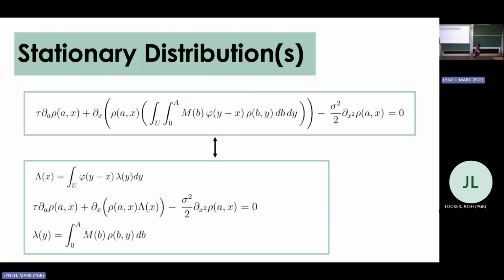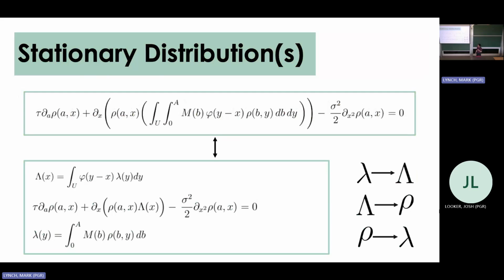Okay, so we have this one equation and we have this system of three equations. If these three are all satisfied at the same time, then it's equivalent to the top one. But we can also view this system of three equations as three independent equations. If we start with a little lambda, we can use the top equation to define a capital lambda. If we take our capital lambda, we can put it into this PDE, which is now a linear local PDE, a much nicer PDE than this one.